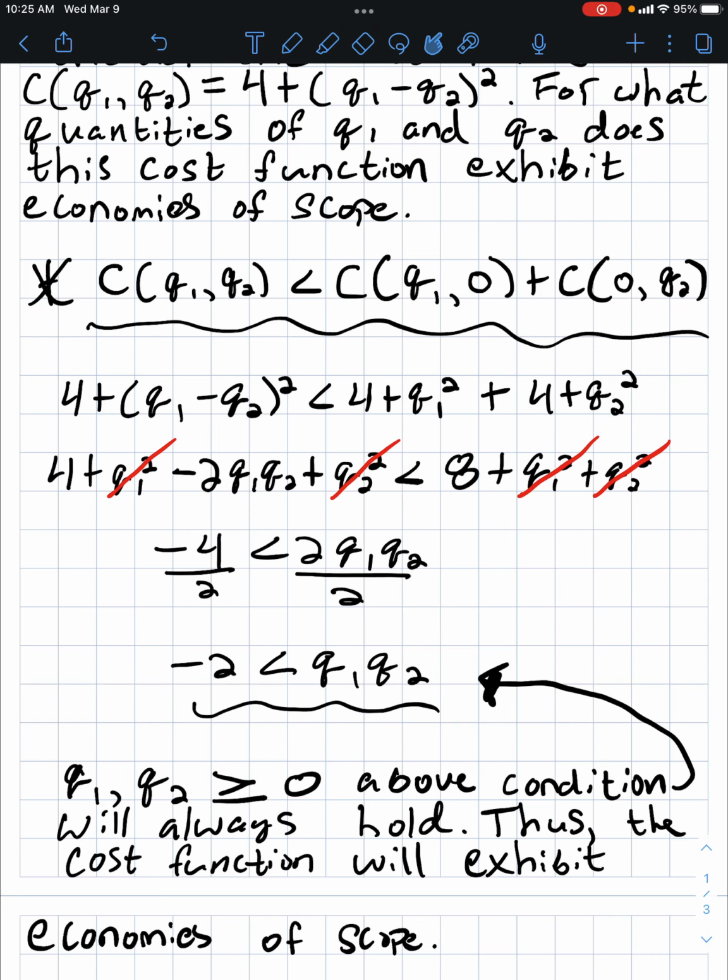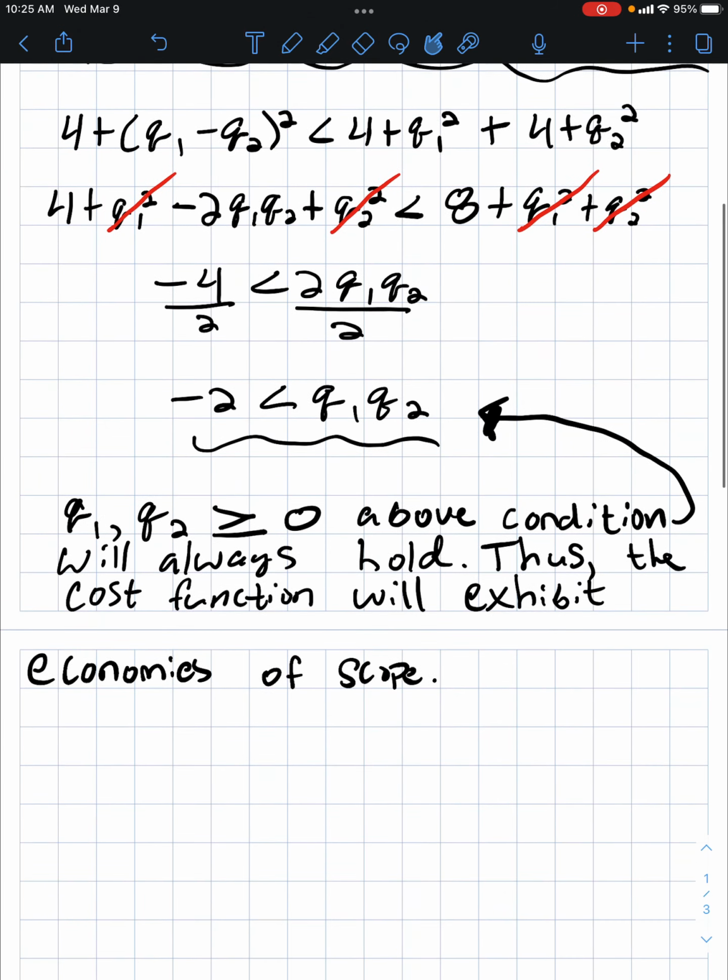So the above condition holds, which is good. This condition also holds. Therefore, this cost function does exhibit economies of scope. And that is the solution to the problem.